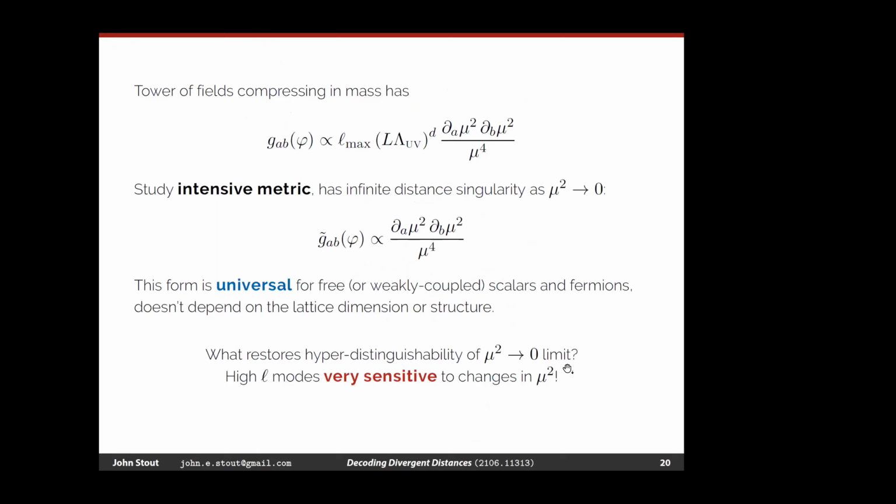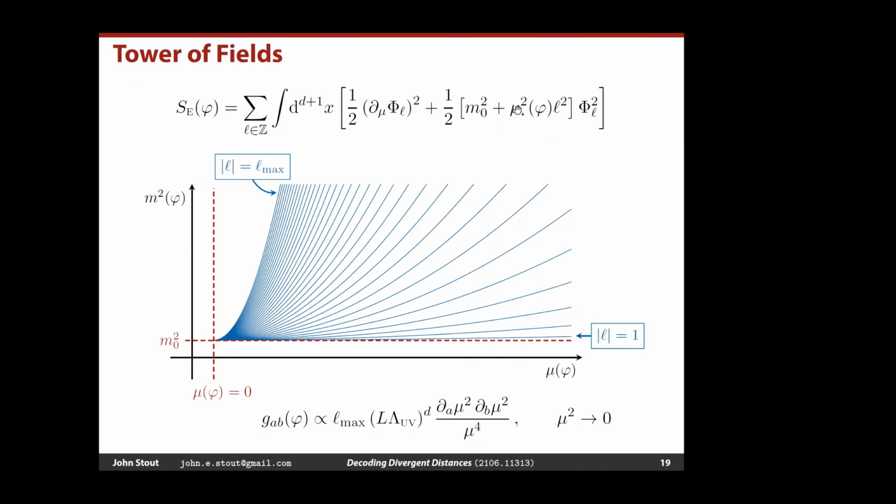Essentially, if I look at the variance of these modes as I change mu, the high L's get boosted, the change in the variance gets boosted by a factor of L squared, because these modes are very sensitive to changes in mu. And those high L modes are restoring the distinguishability of that limit. So it's about the high charge stuff rather than the low charge stuff.